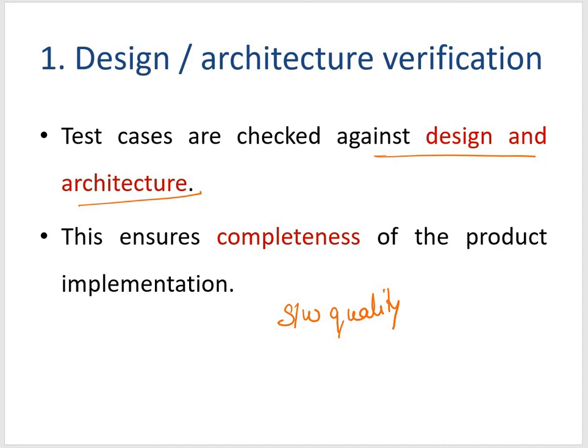The entire design matters, because the piece of code will be analogous to the design which was provided, right? Basically, your functional system test focuses on the behavior of the complete product. That's why we need to go ahead with this kind of design and architecture verification and validation as well.